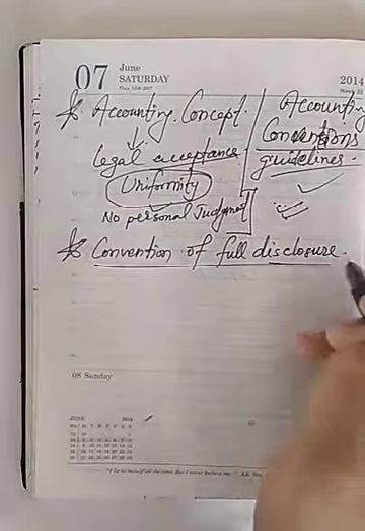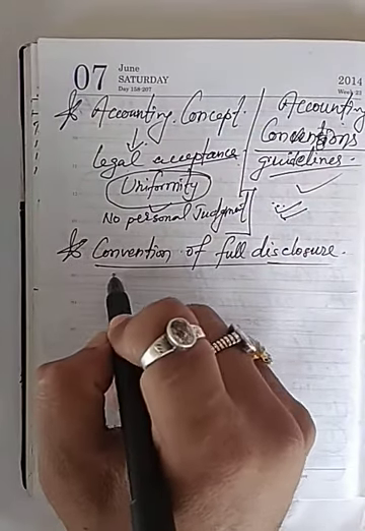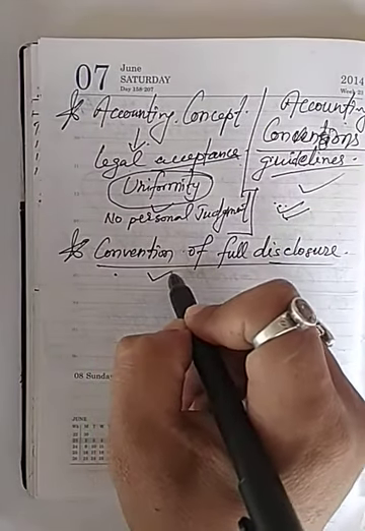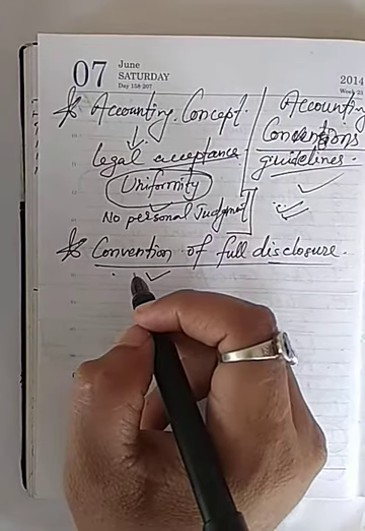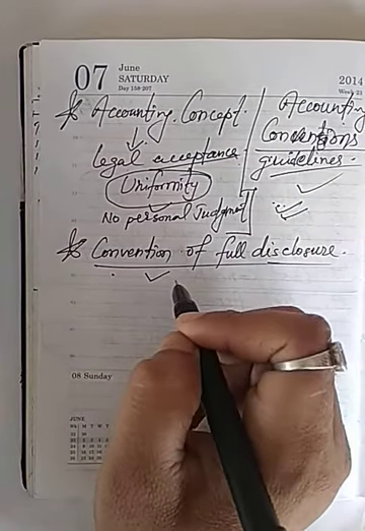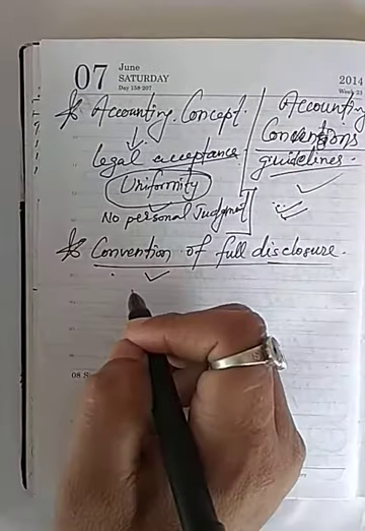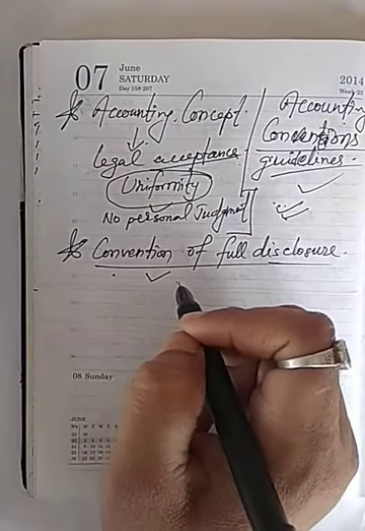The convention requires that all significant information relating to the economic affairs of the enterprise should be completely disclosed.